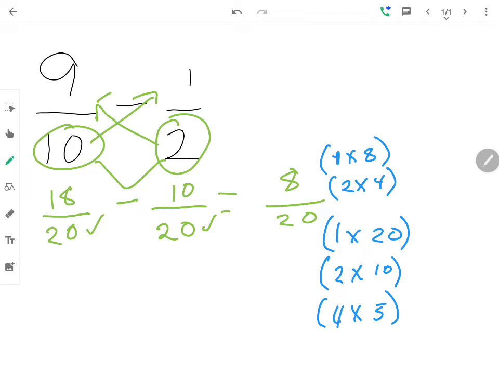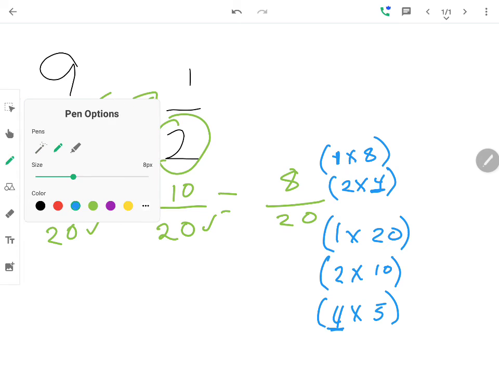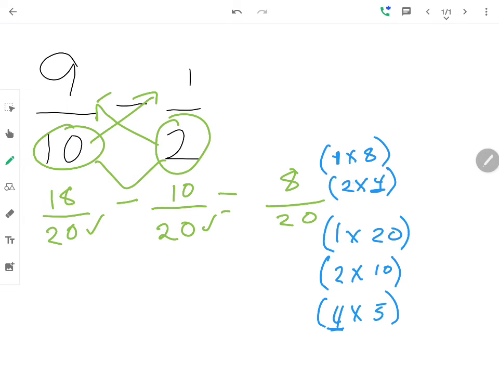And the numbers I have the same are 4 and 4. So the answer is 2 on the top, 5 on the bottom.